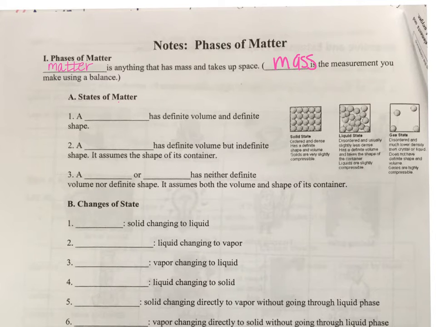All right, so for your states of matter, which one is the one that has definite volume and definite shape? Solid. Which one has definite volume but indefinite shape? Liquid. And which one has neither definite volume nor shape? Gas. And the other one is plasma.